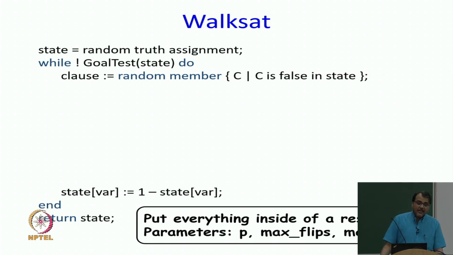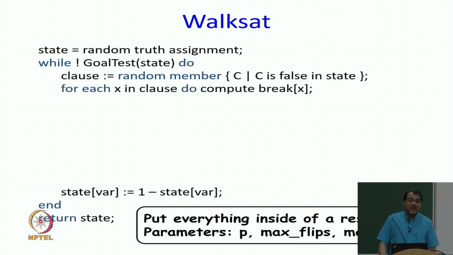So let's say we pick a random clause C, which is false in the current state. Now for this clause, we go over all the variables in the clause. So for each variable x, we compute break of x. We basically compute, if I flip this variable, how many clauses will it break?